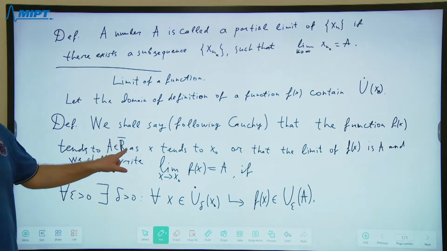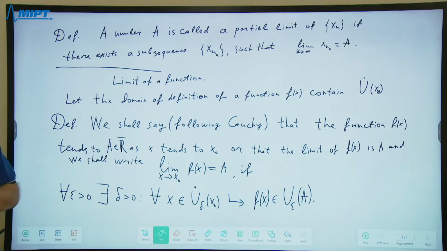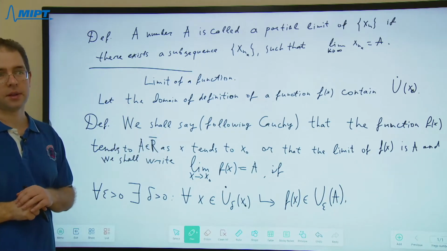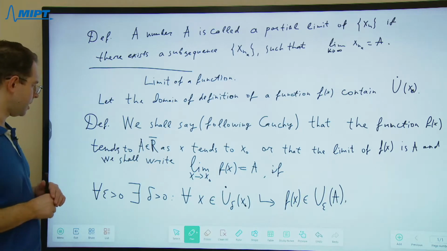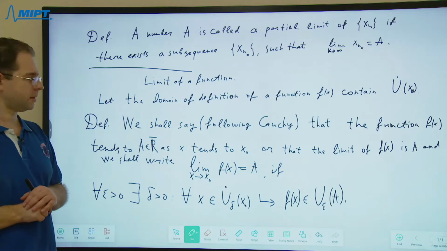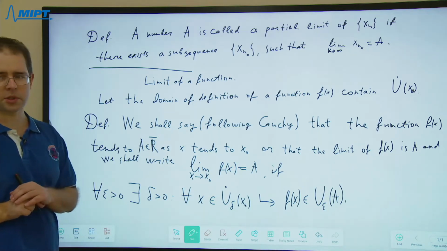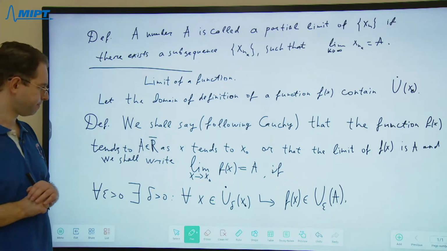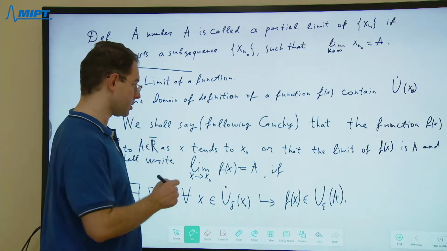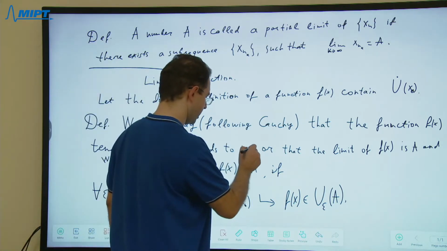Actually, we will broaden a bit more this set of symbols that a can be, but for now let's have it just for the extended real line. And x0 is also from the extended real line.